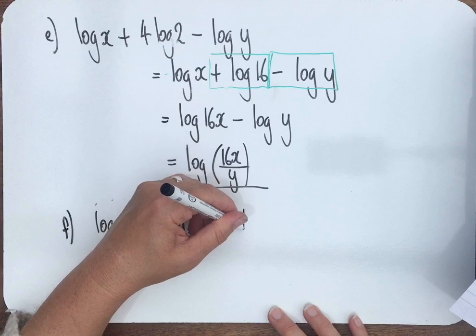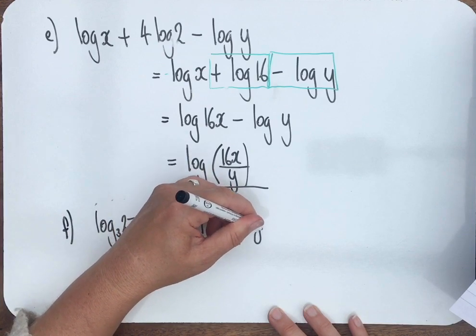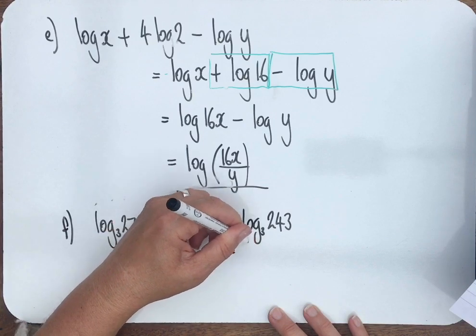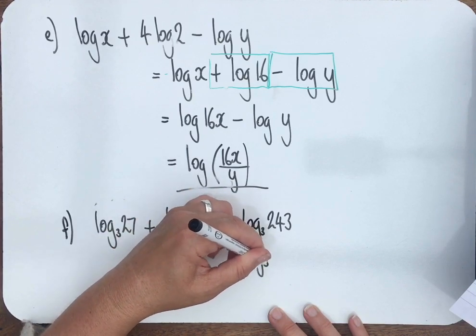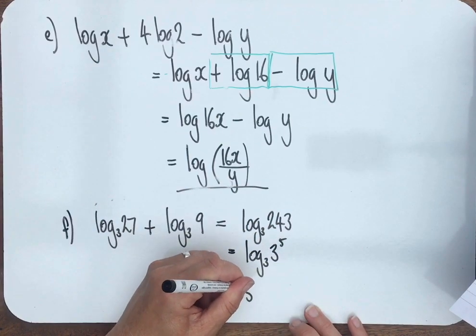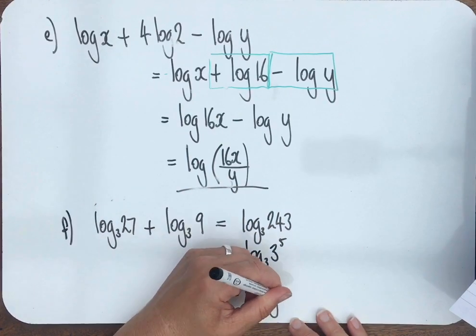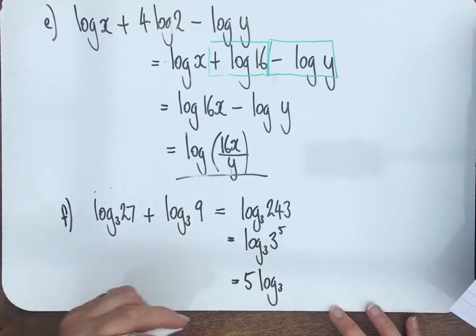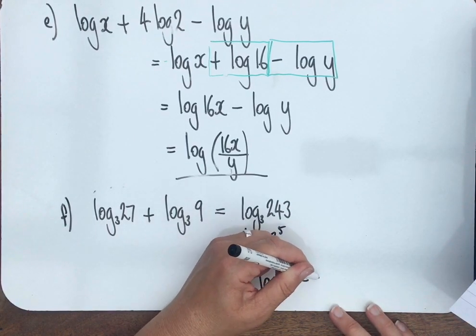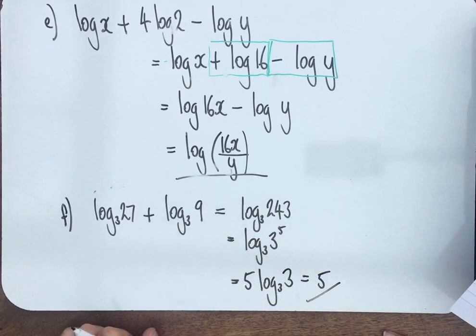If you did decide to multiply them together, then you get 243. And 243 is 3 to the power 5. And that gives you 5 log to the base 3 of 3. And this is equal to 1, so that you end up with 5.